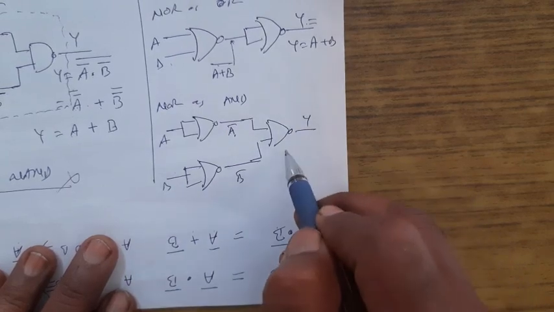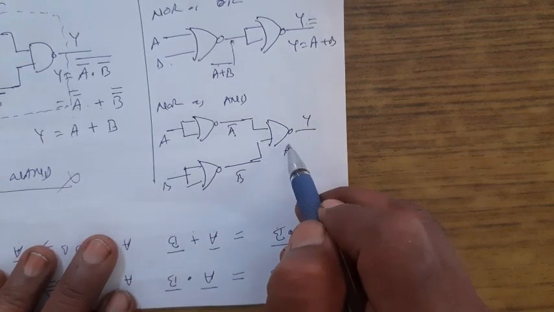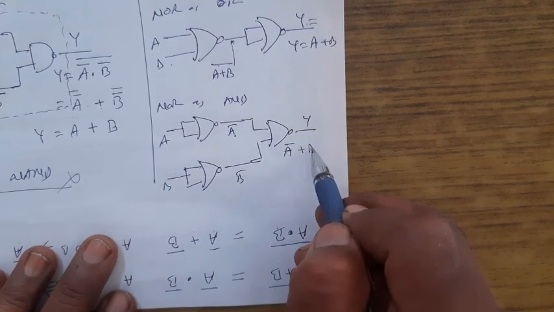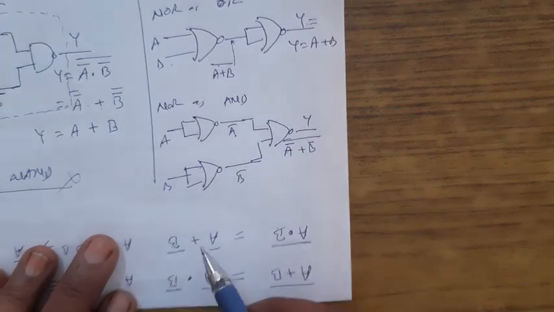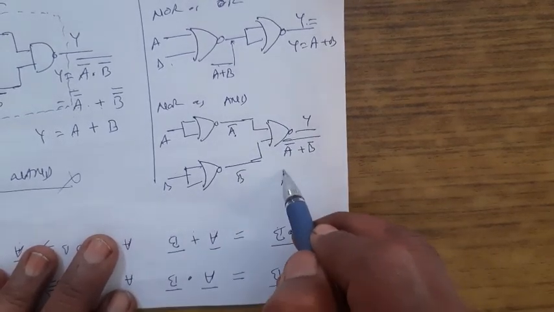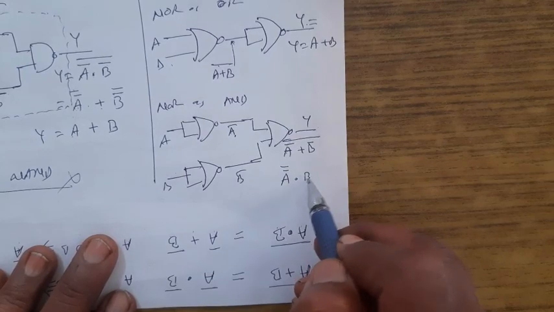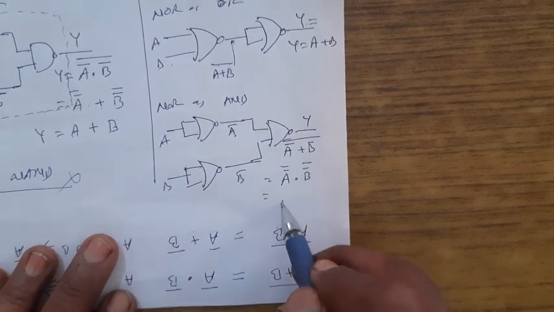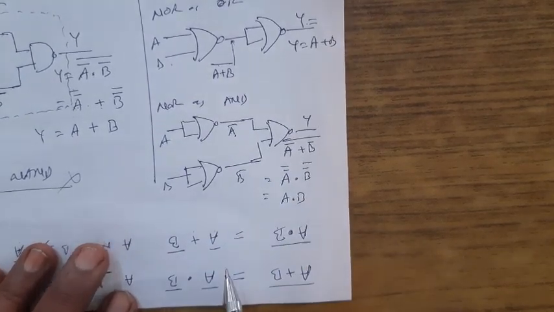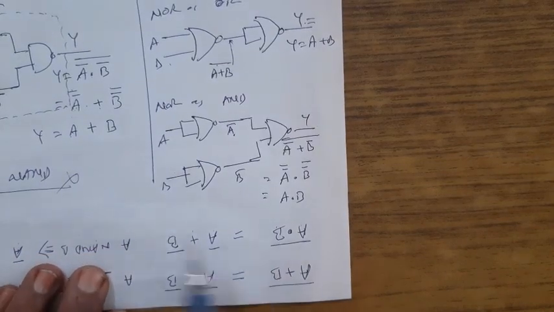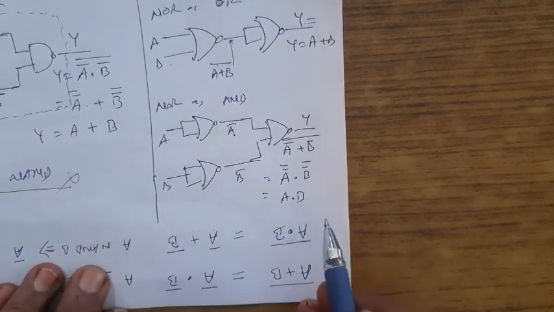Suppose I write quickly, here Y is equal to (A bar plus B bar) bar. Now break the bar and change the sign, therefore A bar bar dot B bar bar, and that is equal to A dot B, therefore it is behaving as an AND gate.